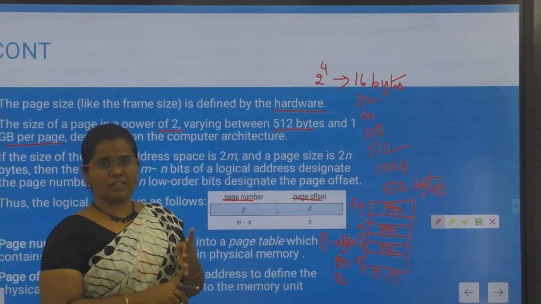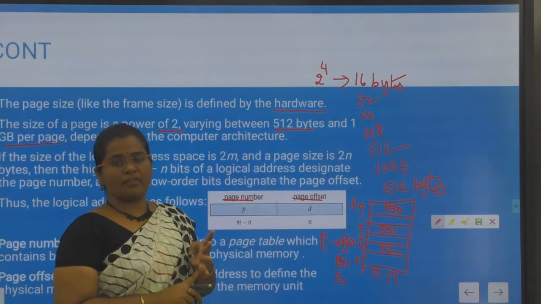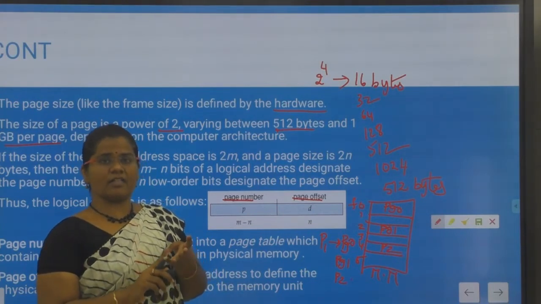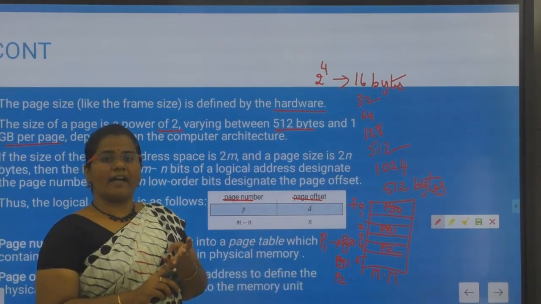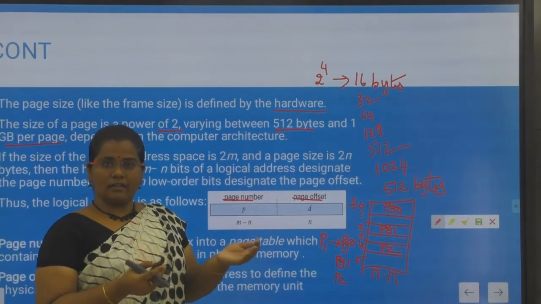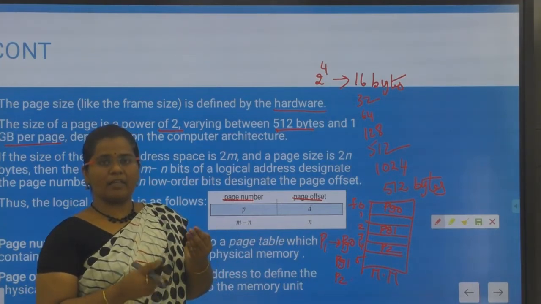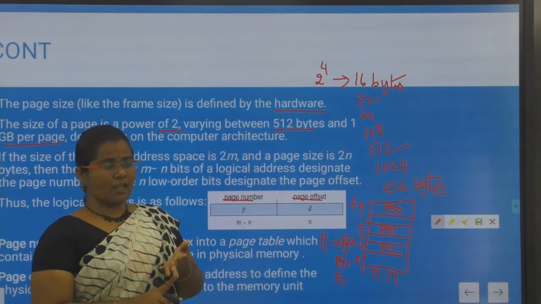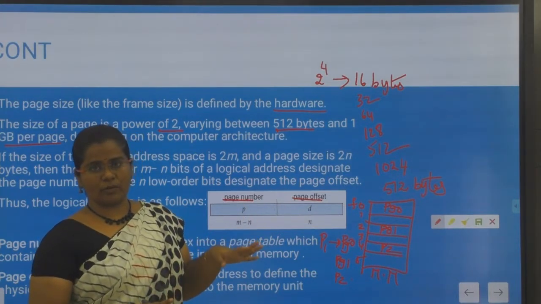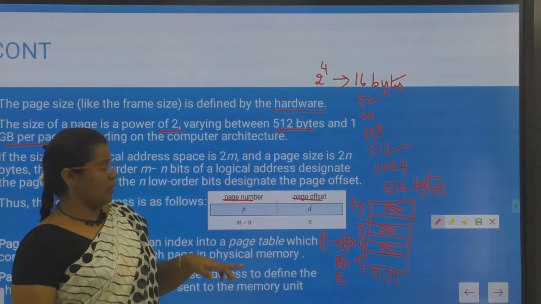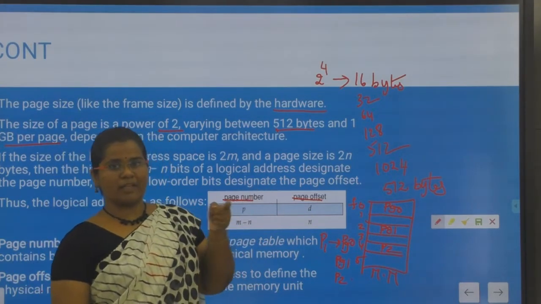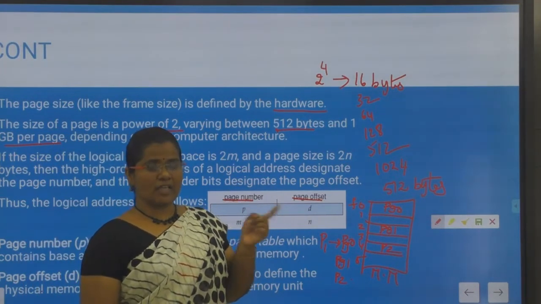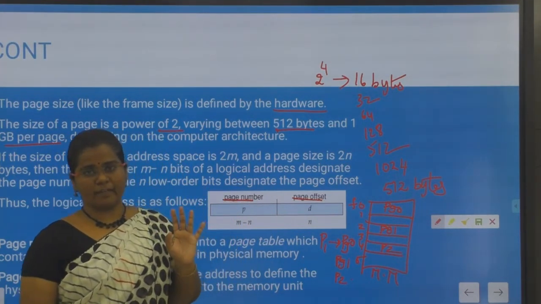Fetching means bringing your process from main memory to CPU, decoding means your CPU will find out whether the data taken from main memory is an instruction or a variable or data. After decoding it will start executing that particular instruction. So these 3 steps take one CPU clock cycle of time. In one CPU clock cycle, the CPU can execute only 1 byte of memory.